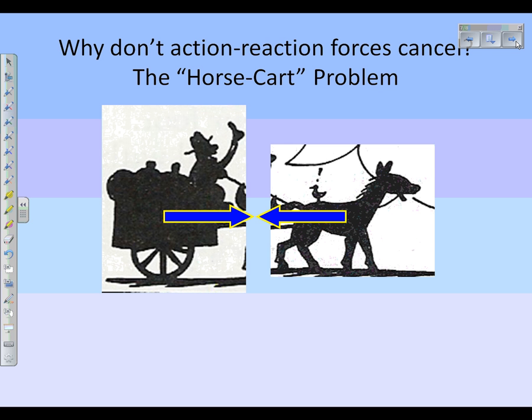Pierce, will they meet in the middle? Not necessarily. What would determine if they meet in the middle? They would have to be equal mass. If they were equal mass, they would experience the same acceleration, and then they would meet in the middle.